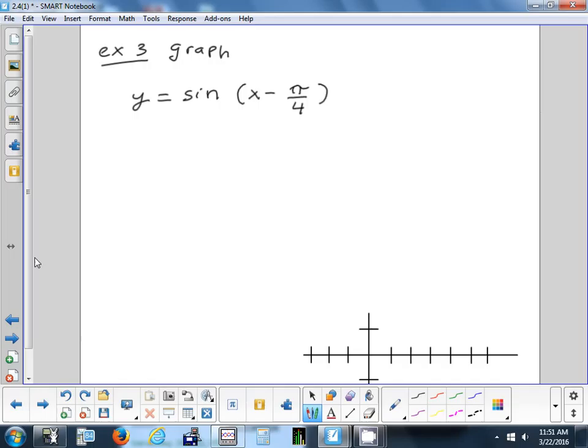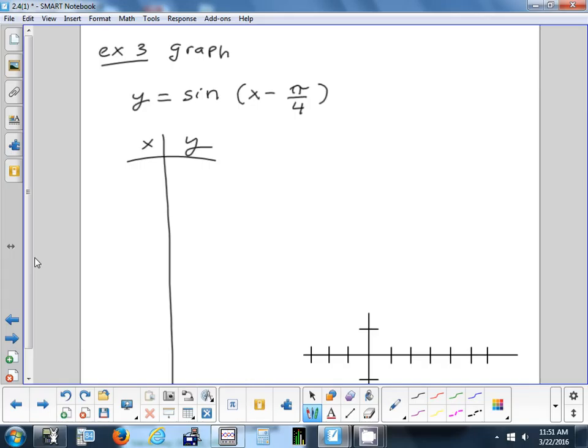Last example, let's take a look at sine of x minus pi over 4. Okay, first I know it's a phase shift because I'm subtracting in parentheses. So my first question, what stays the same? The y's. Now we're doing sine.